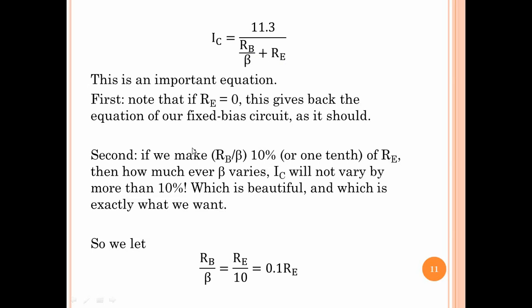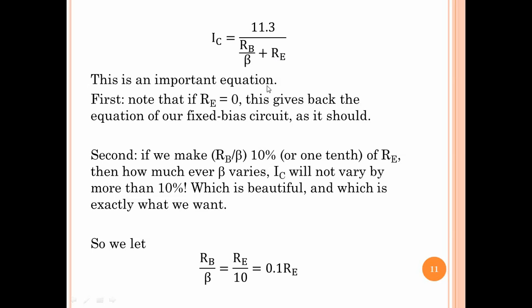Second, now, if we make RB by beta about 10% in value of RE, then even if beta varies, the total variation in this quantity will remain about 10% of the variation in beta, because we've constrained the magnitude of this first term to be about 10% of RE.